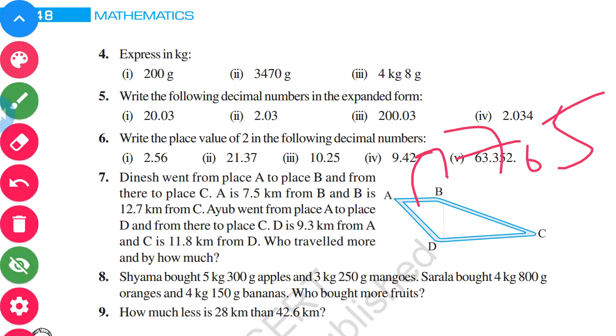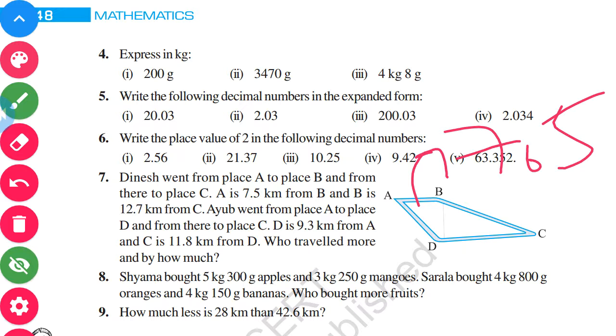And BC is 12.7 kilometers. Ayub went from place A to D. D is 9.3 kilometer from A and C is 11.8 kilometer from D. Who traveled more and by how much?